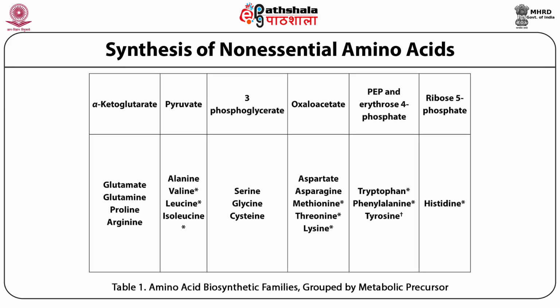As shown in the table, amino acid biosynthetic families are grouped by metabolic precursors: alpha-ketoglutarate, pyruvate, 3-phosphoglycerate, oxaloacetate, phosphoenolpyruvate and erythrose 4-phosphate, and ribulose 5-phosphate.